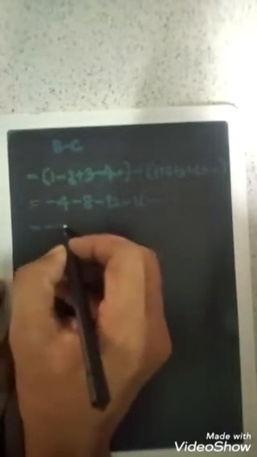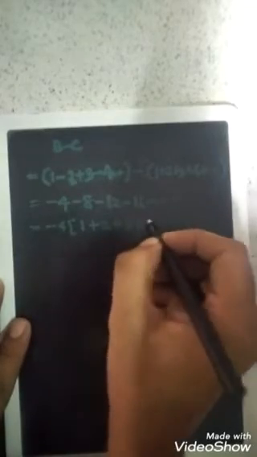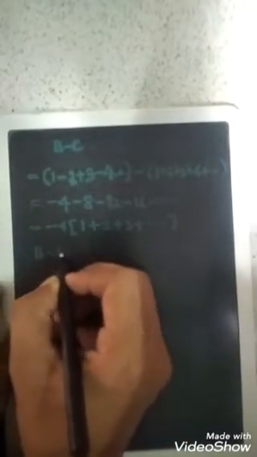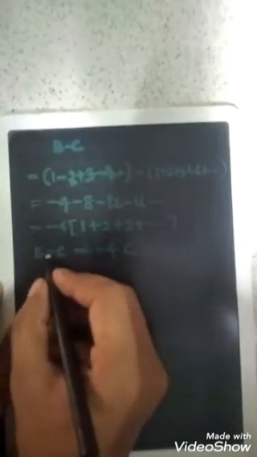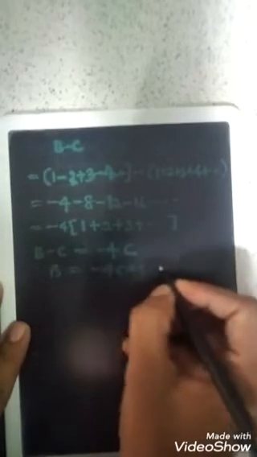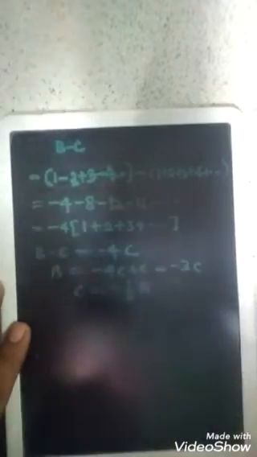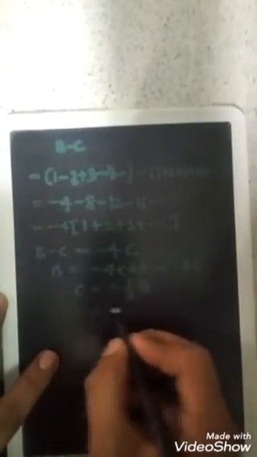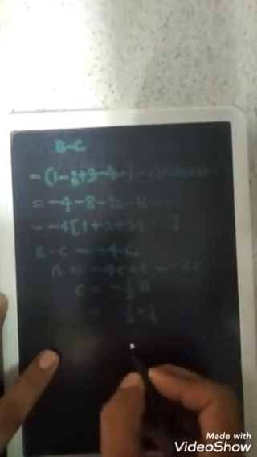Now if I take minus 4 common out, I'll get 1 plus 2 plus 3 and so on. What is this? This is our required series, the sum of all natural numbers. So B minus C equals minus 4 times C. This minus C will go to the other side and become plus C, so C is equal to minus 1 by 3 into B. We have already evaluated B equals 1 by 4, so C equals minus 1 by 12.